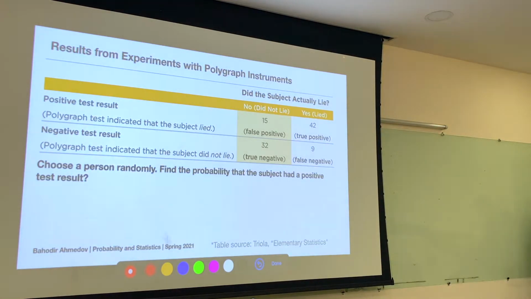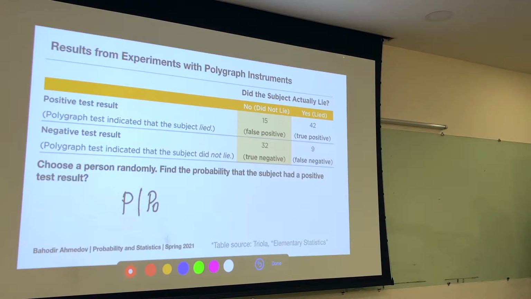So what we need to do is use the data, right? So the probability that the test is positive is going to be equal to... I need to figure out how many people had a positive test result. How many? 57. And how many people have been tested by the polygraph? In total, 98.